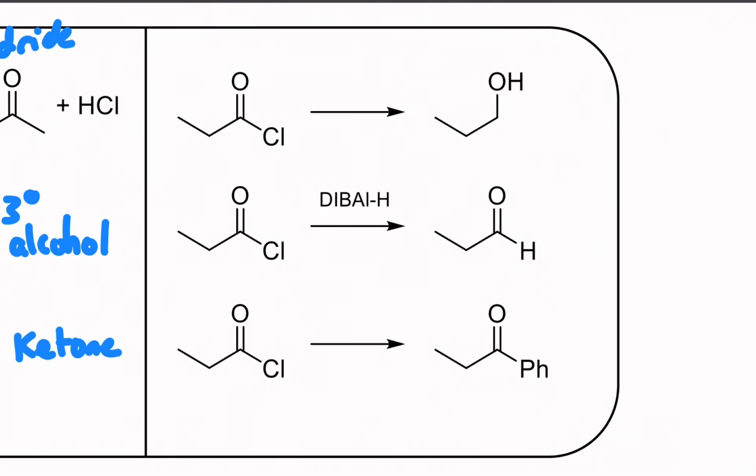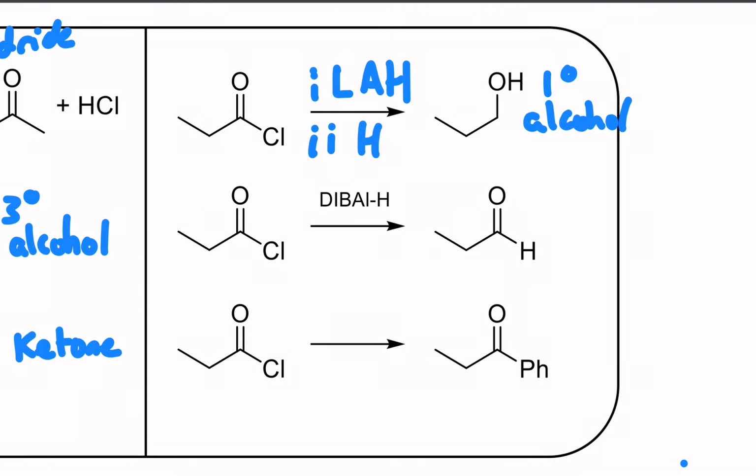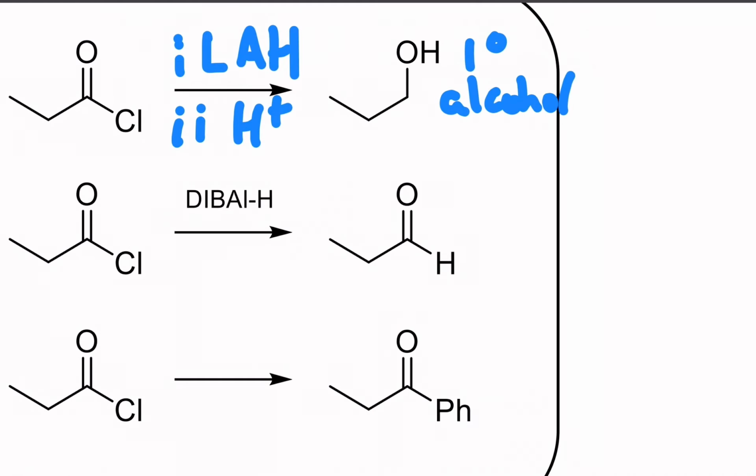Okay, and then how do we turn it into a primary alcohol? For that, we're going to use lithium aluminum hydride, or LAH, also with an acidic workup. There's a reagent we're going to see quite a bit in this unit, which is diisobutyl aluminum hydride. This stops at the aldehyde.